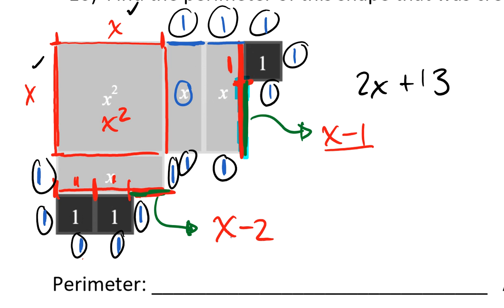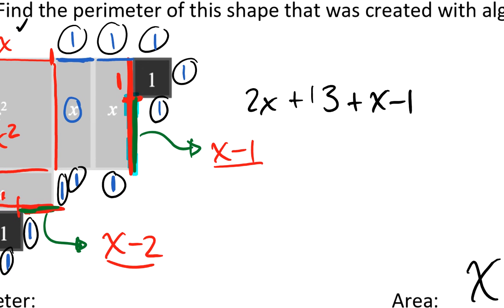So if I add these to the perimeter that I've got so far, I can add plus an x minus 1, and then plus an x minus 2. When I look at this expression, I now have 4 x's: 1, 2, 3, 4. So in total, there are 4 x's being added together.